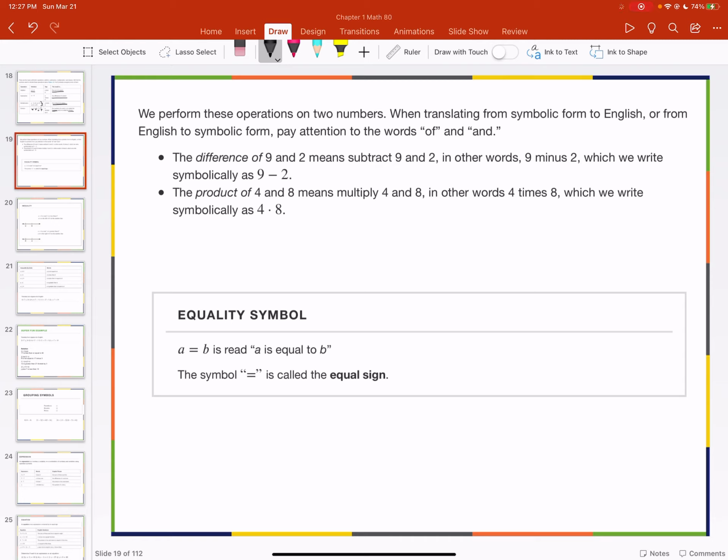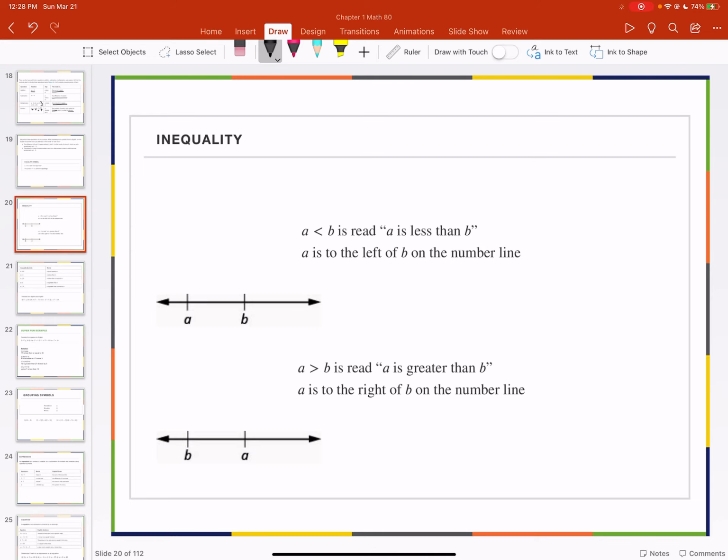And that's fine, but this is a math class, we take symbols very seriously, okay? So let's say, for instance, if you say x equals 3, that just means that variable x has the value of 3. So let's look at a number line, and we're going to introduce inequalities in just a second.